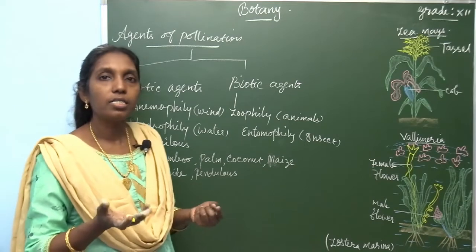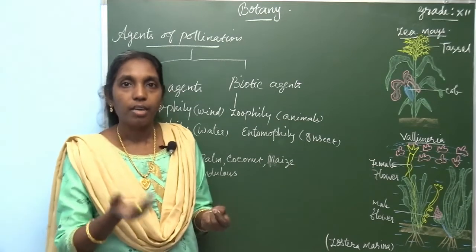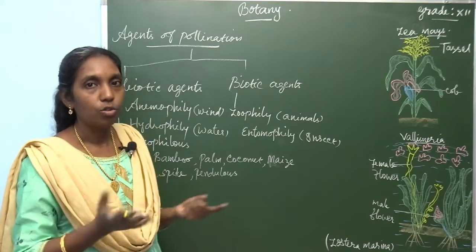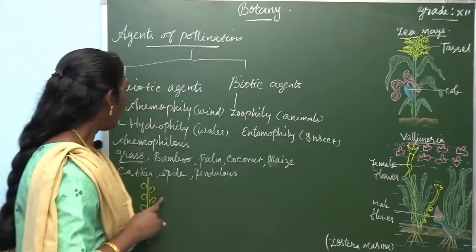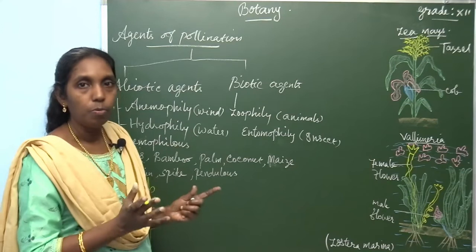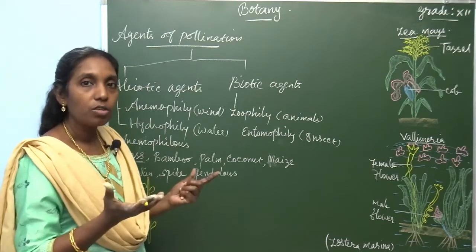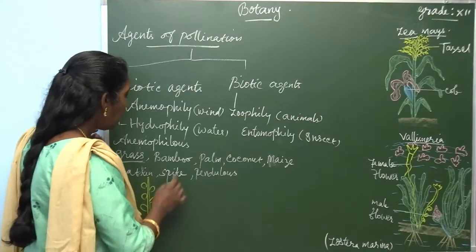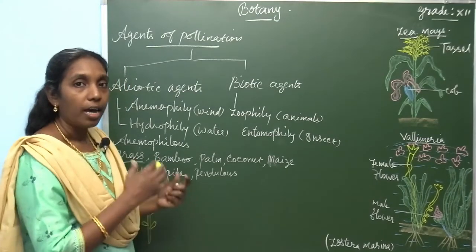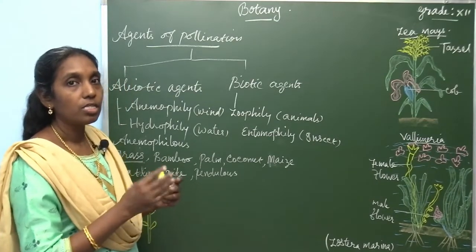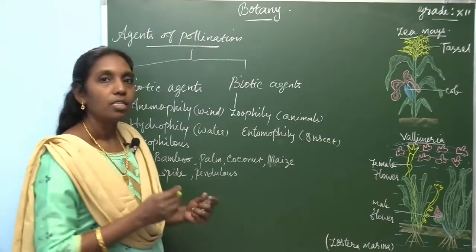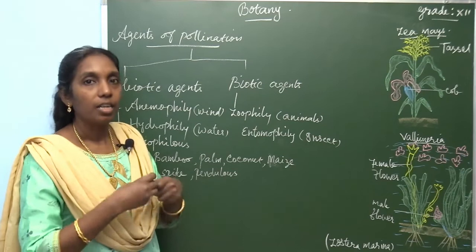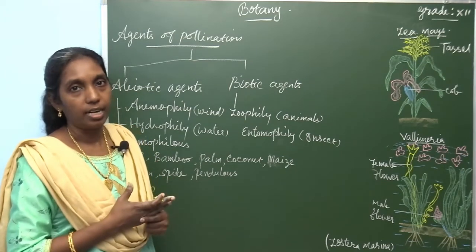The pollen grains are dry, light and thin, not too heavy, and the anthers are more, the pollen grains also enormous. And in certain flowers, these anthers burst open violently and liberate the pollen grains.